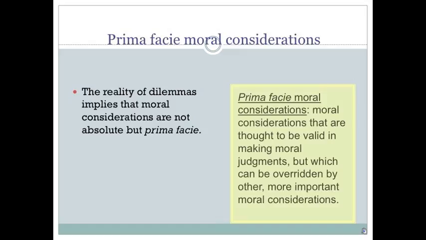But they are not absolute in the sense that there may well be situations in which the right thing to do means violating that principle and not honoring the significant moral qualities of an act to which the principles point. Our principles are not absolute. They do matter, but they can be overridden, so they are prima facie.